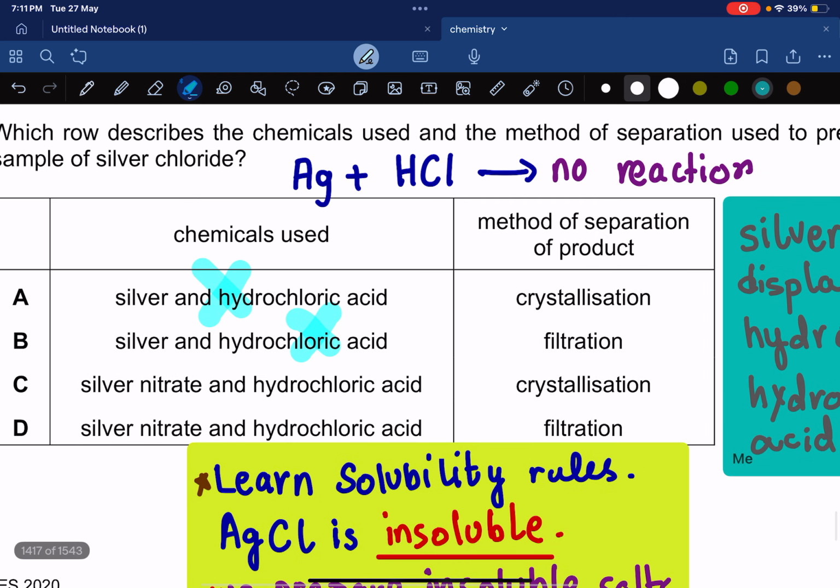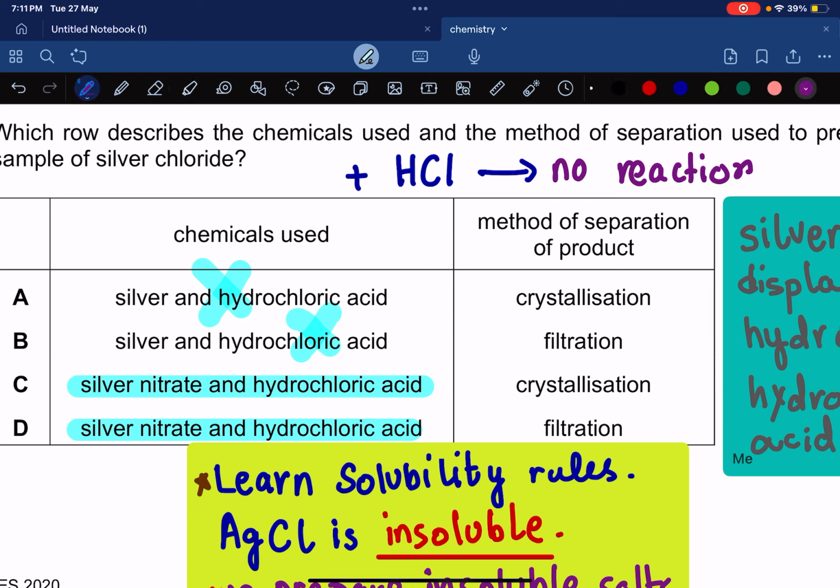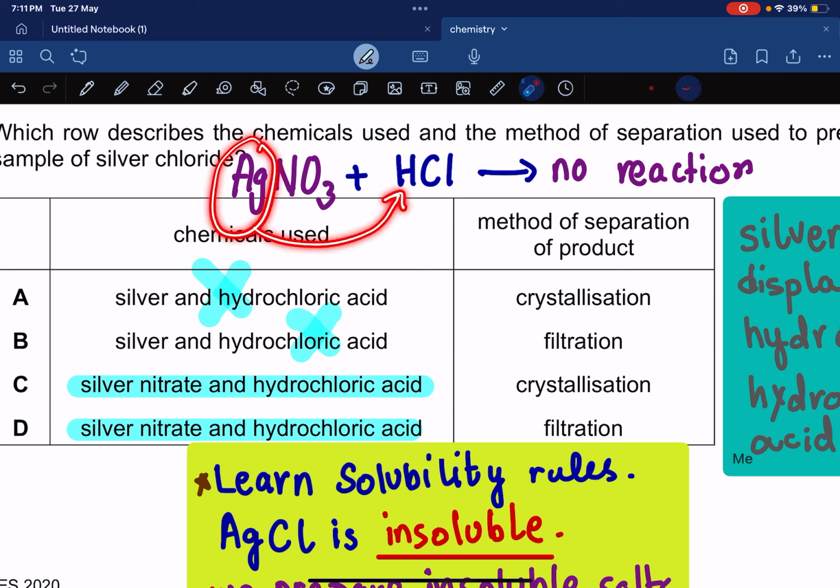Well, you can use silver nitrate and hydrochloric acid. Why is this going to work? Because when you have two salts, a double displacement reaction takes place. Let me explain what I mean by double displacement. For example, right now over here you have silver nitrate, which is AgNO3. I said that this silver cannot displace the hydrogen in hydrochloric acid.